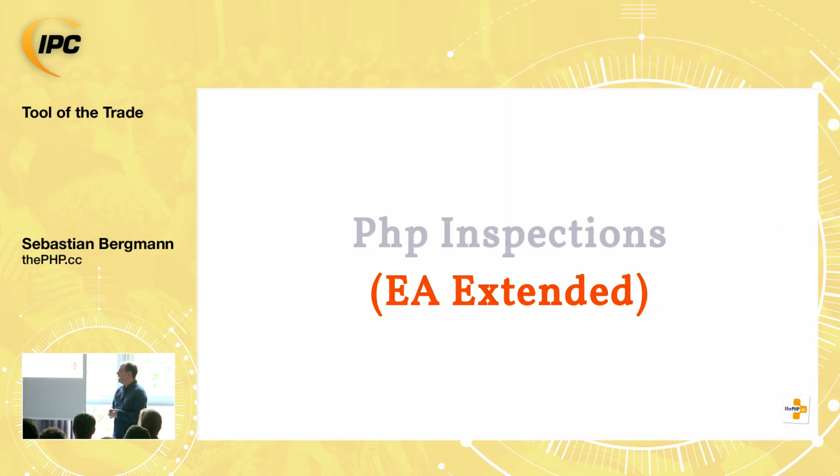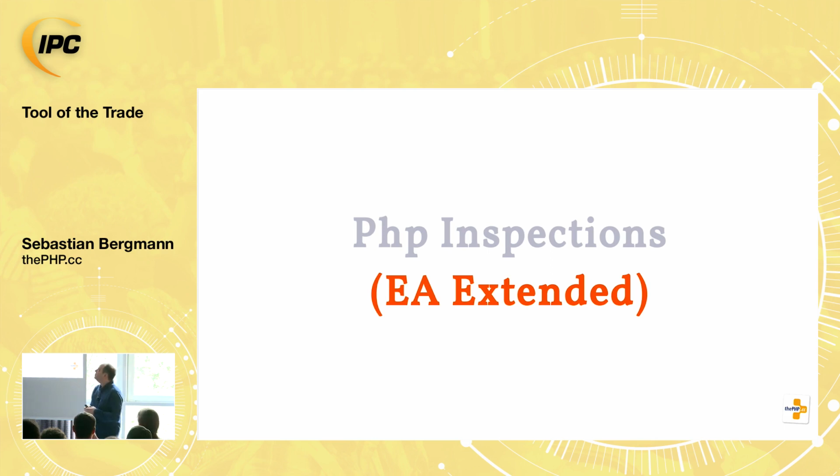Anyway, if you already use PhpStorm, that's great. PhpStorm already has some really great static analysis code inspections built in, but that does not mean that you cannot do more with regards to static inspections or getting yelled at about doing things wrong in your code while you're writing that code.